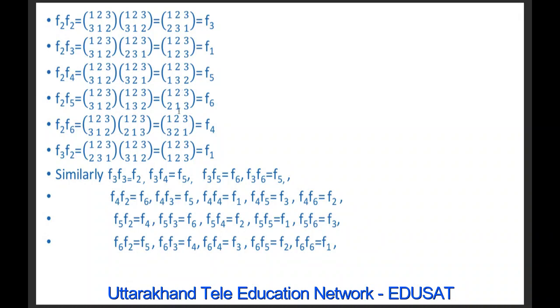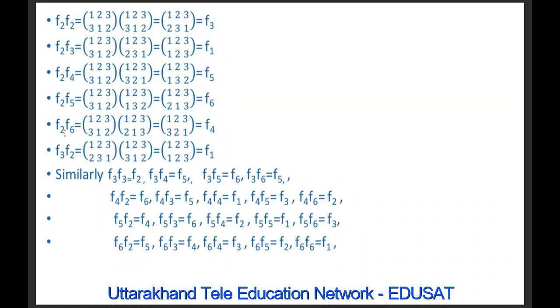So 2 under 1. The image of 3 is 2 under F2 and the image of 2 is 3 under F5. So we have written 3 under 3. So the resulting transformation is 1 2 3 in the first row and 2 1 3 in the second row. We have denoted this transformation by F6.